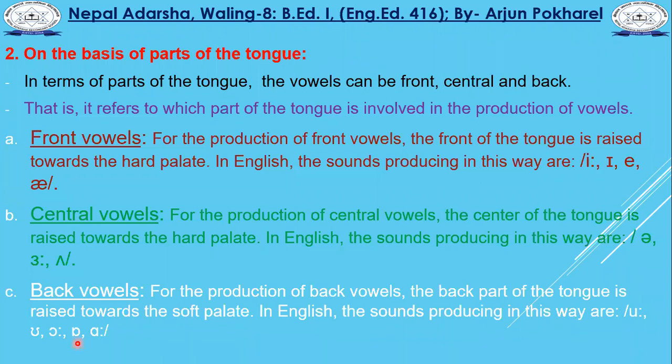The back part of the tongue is raised toward the soft palate, but they do not touch each other in the production of vowels. The two articulators try to come in contact, but there is a sufficient gap, and the air goes freely through that gap. In this way, vowel sounds are produced.